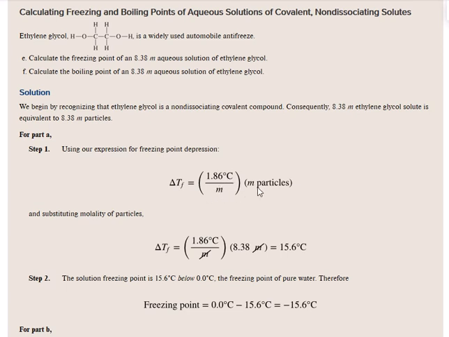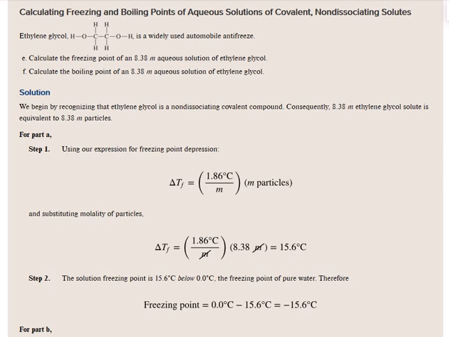Multiply that by the molality of particles. Ethylene glycol does not break down into 2 particles. It's a molecular compound. So for every 1 molecule of ethylene glycol, there is 1 particle. Hence we keep it as 8.38. And when we do the math here, our freezing point should change by 15.6 degrees Celsius.